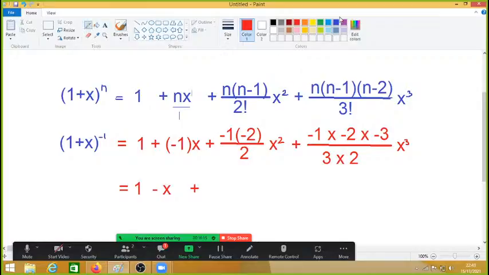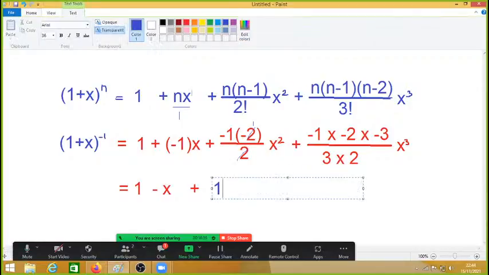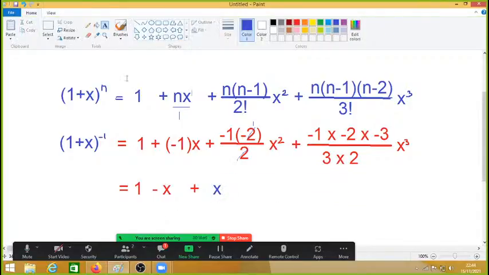Anything on the top can be cancelled with anything on the bottom. So the -2, just the 2, can be cancelled with the 2 here. So I'm just left with -1 times -1, which is just 1. So that whole fraction becomes just 1, and I've got x squared. So 1 plus 1 x squared. And again, I don't really need that 1.